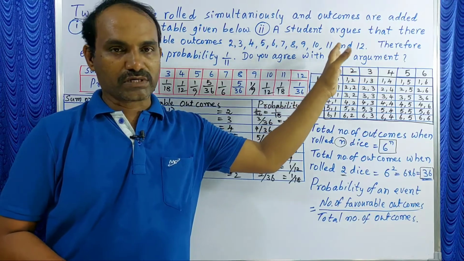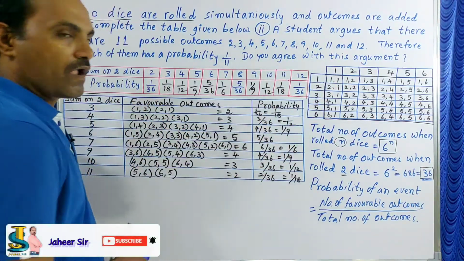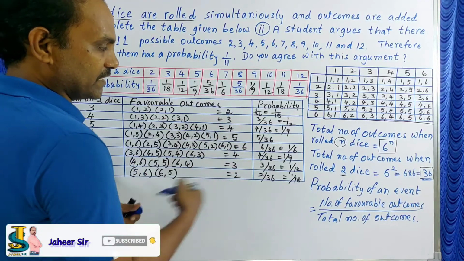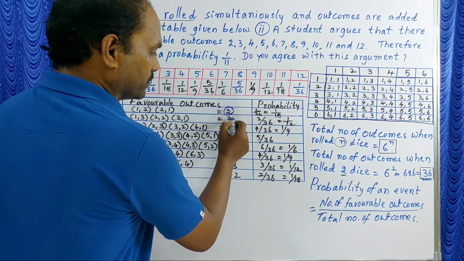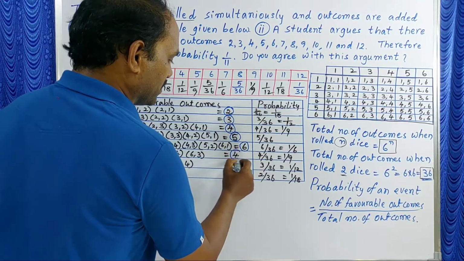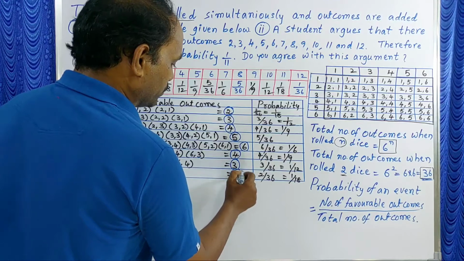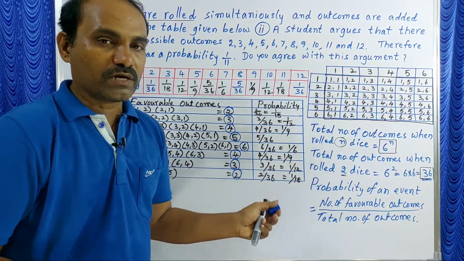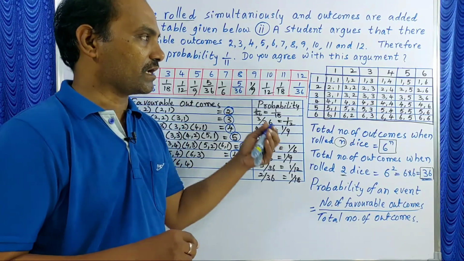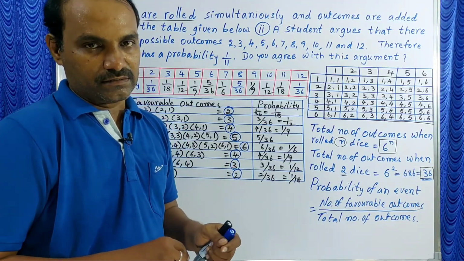The 11 outcomes are not equally likely. Here different numbers of outcomes are there: 2, 3, 4, 5, 6, again 4, 3, 2. So these events are not equally likely.